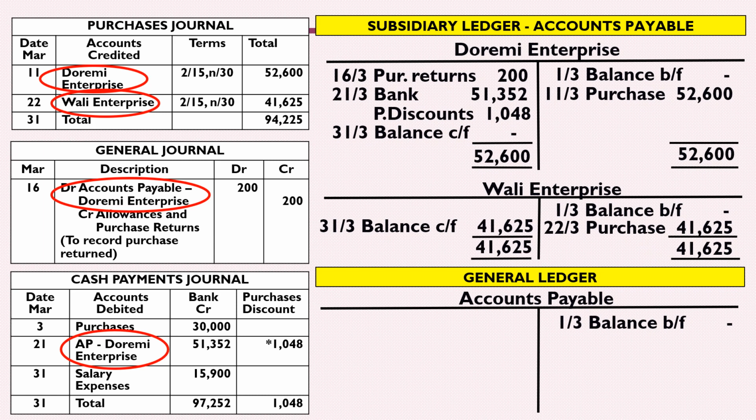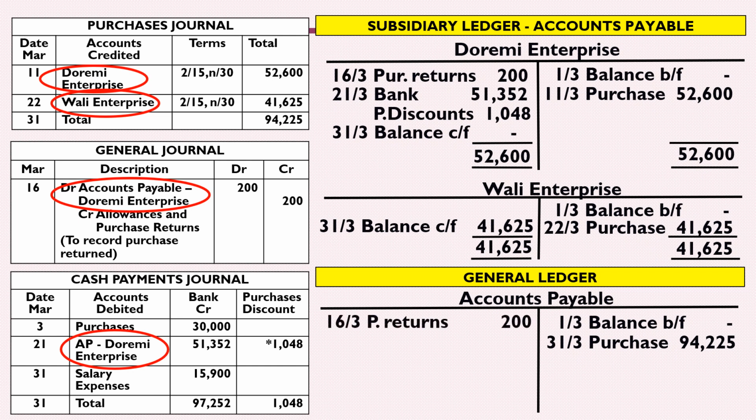In these control accounts, the amounts is the combination of its subsidiaries that are Dani Enterprise and Wali Enterprise. After that, we record the purchase. Write down the date 31st March. The purchase amounting 94,225. You can refer to the purchase journal at the total amount.